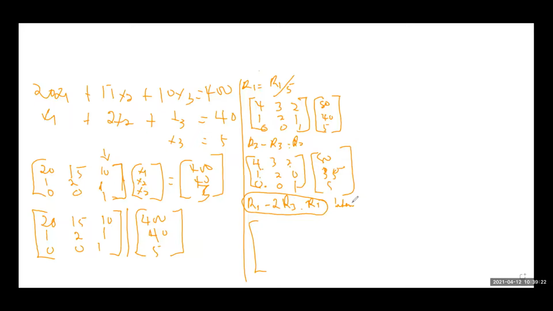Okay, so now I have 1, 2, 0. Then I have what? 35 here. This will be 4, 3, 2, 80, 0, 0, 1, and 5. I want to understand the reason behind this. Why do we do this interchange?